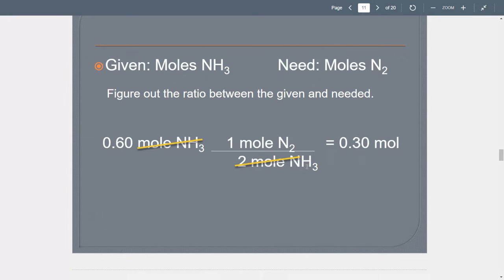All right, number 3. I want you to set up number 3. You have 5.4 moles of N2, and I'm asking you to go to moles of NH3.